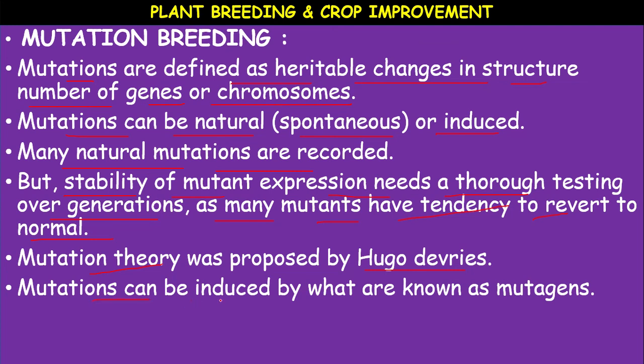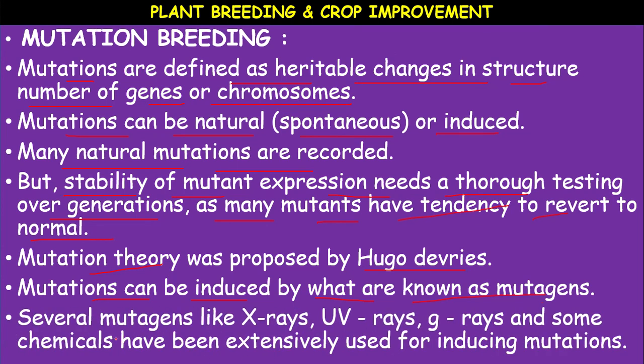The mutations can be induced by what are known as mutagens. Mutagens are the agents which cause mutations. Several mutagens like X-rays, UV rays, gamma rays, and some chemical substances have been extensively used for inducing mutations.